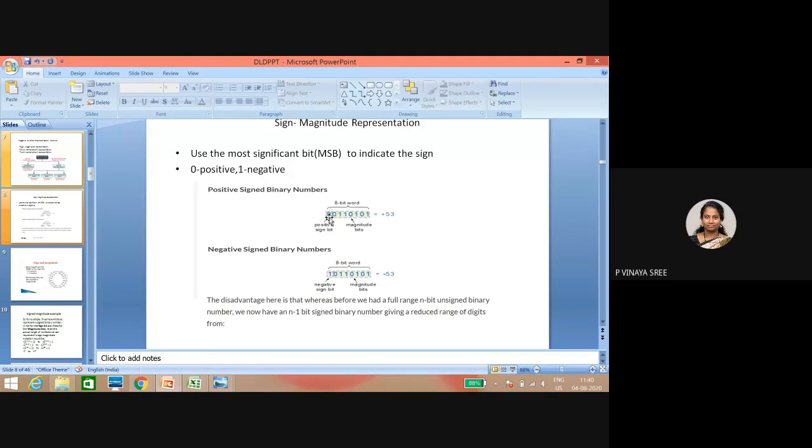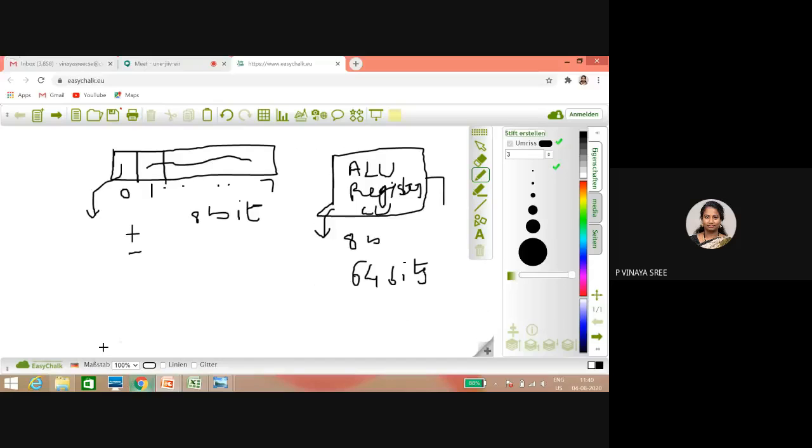That means in that MSB, if 0 is stored, it indicates a positive number. If it is stored as 1, then it indicates a negative number. So see here, let me represent the same. Instead of going for an 8 bit register, let me go for a 4 bit register.